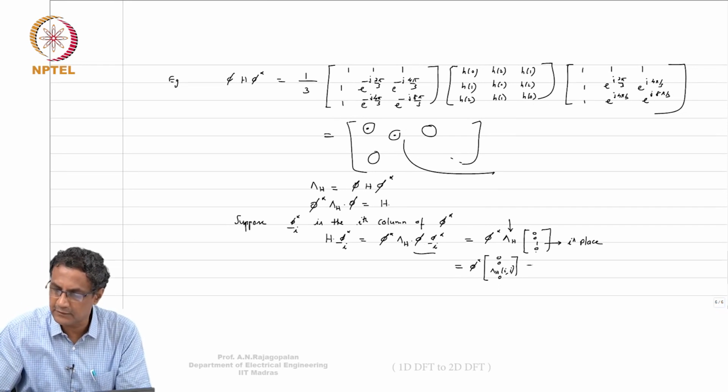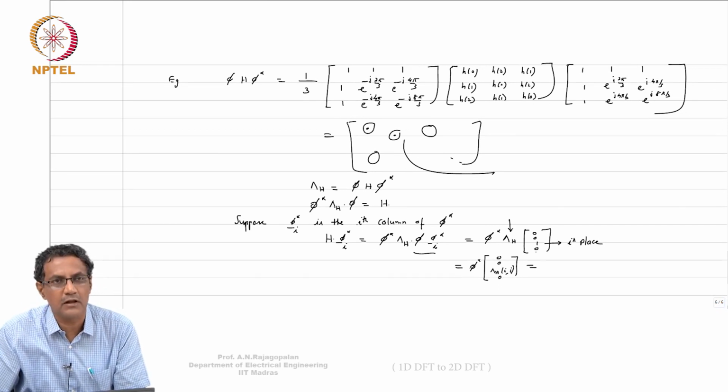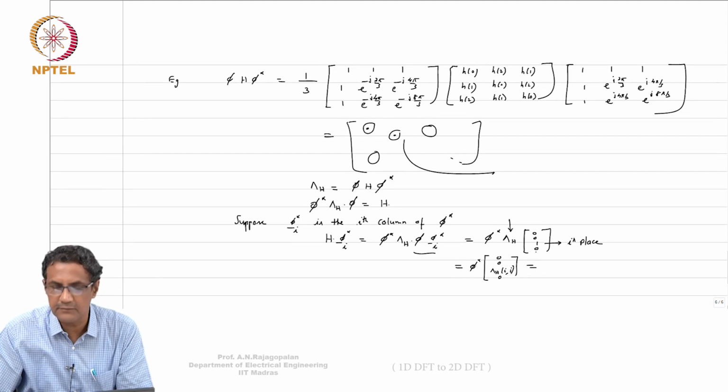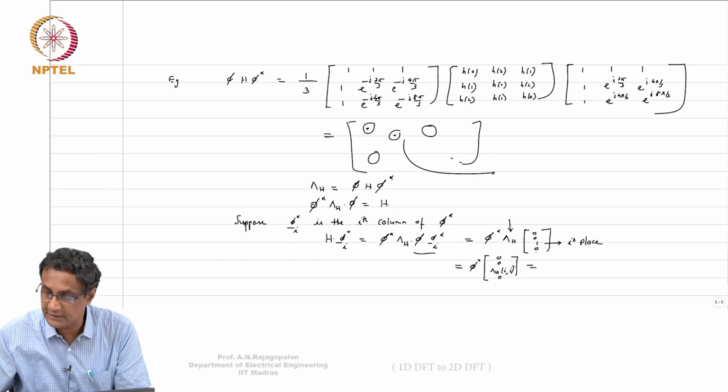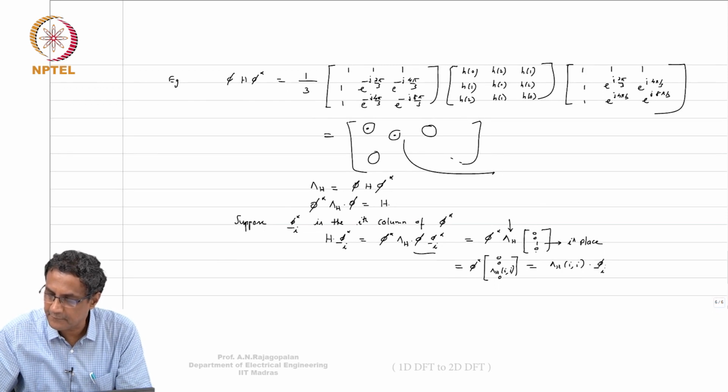And this we know is the same as 0 times the first column of phi star plus 0 times the second column, and so on, but then delta H i comma i times the ith column of phi star. So this is delta H i comma i phi i star.